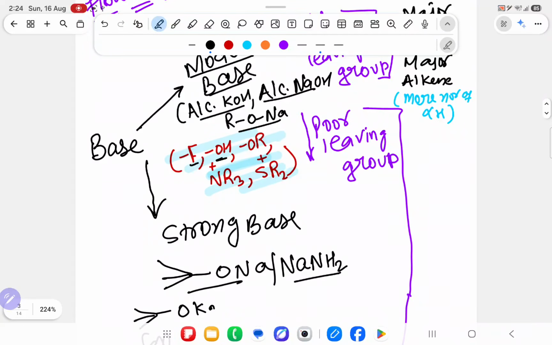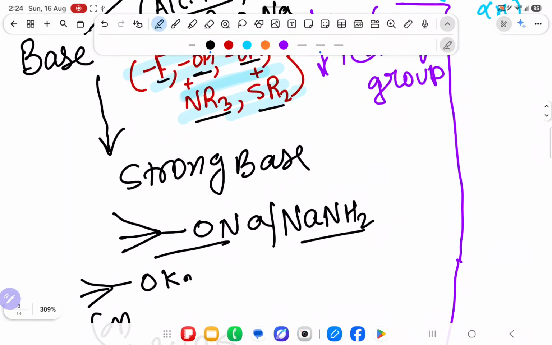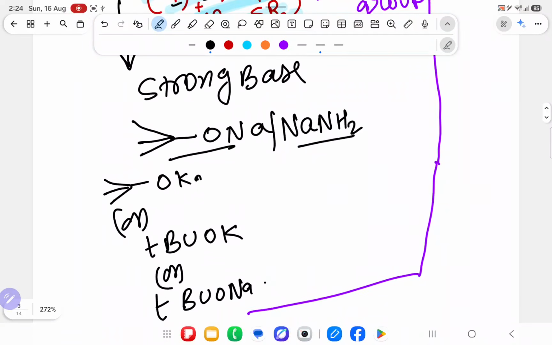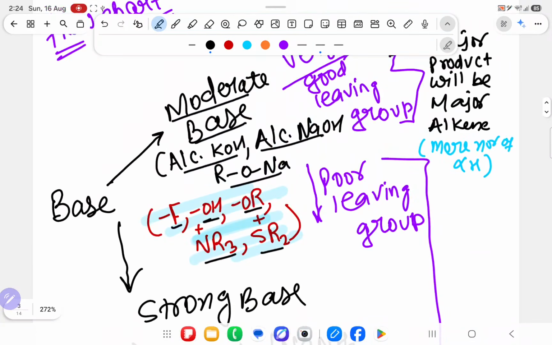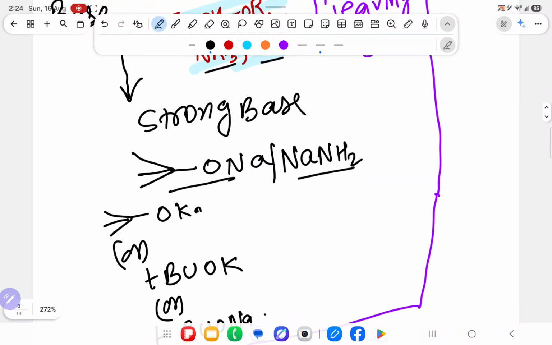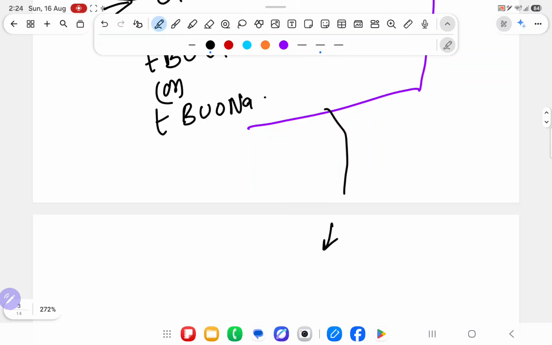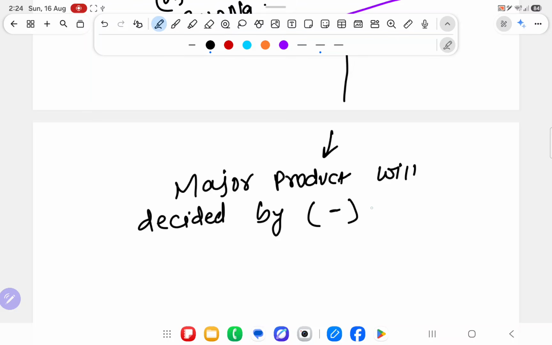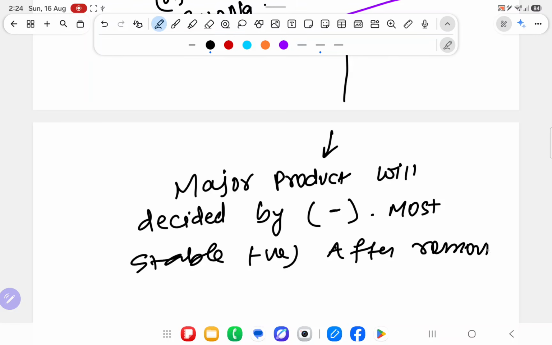But if F, OH, OR, NR2, SR2 or a strong base is coming, with a strong base we don't have to check for a poor leaving group. In either situation, a moderate base plus a poor leaving group or a direct strong base, the major product will be decided by the most stable negative charge after removing H+.